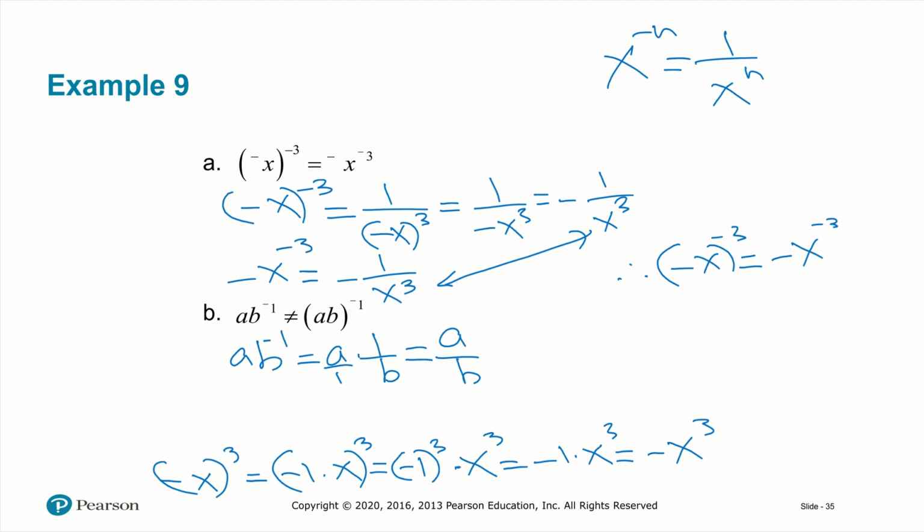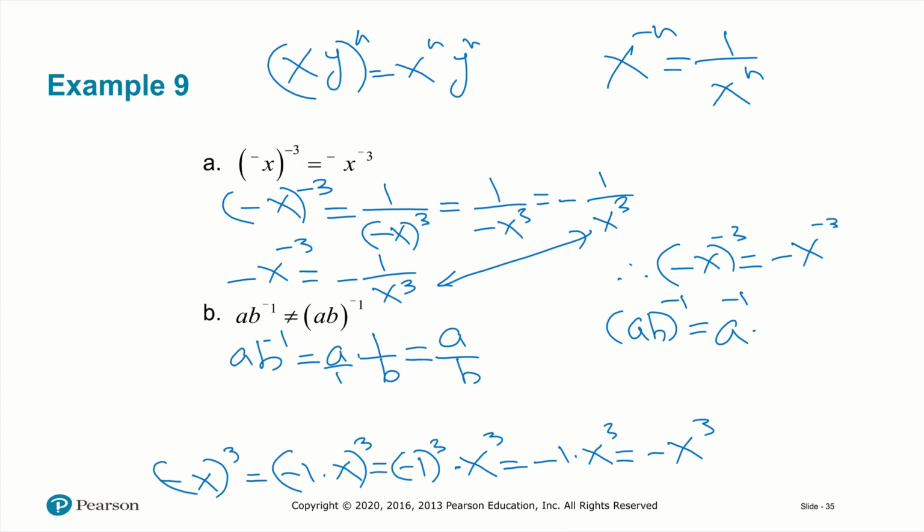However, when I look at quantity ab to the power of negative 1, using this rule that if you have x times y to the n, that's going to be x to the n times y to the n, I'm going to get a to the negative 1 times b to the negative 1. And of course, that's going to be 1 over a times 1 over b, or simply 1 over ab.